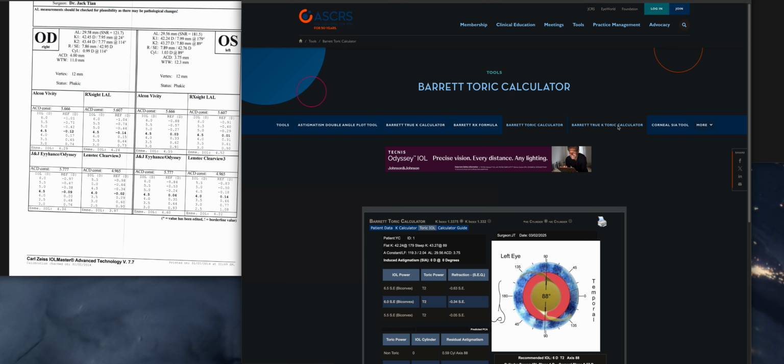The Zeiss goes as far as the Barrett II Calculator. It has the Toric calculator for Barrett II and the regular Barrett II calculator, but for post-refractive patients who we're doing fixed lenses for and have the toric option, you'd still need to go online and help me do this part.